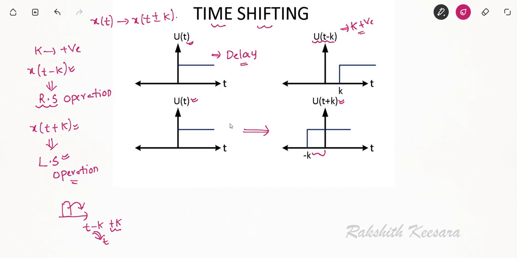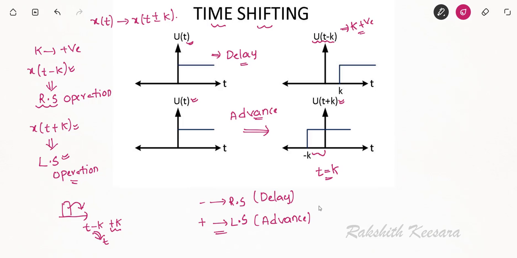Or I can say that it is advanced in time by an amount k. So this is also called advance. Simply remember, minus indicates right shift, plus indicates left shift, right shift is called delay, and left shift is called advance. Is this okay?